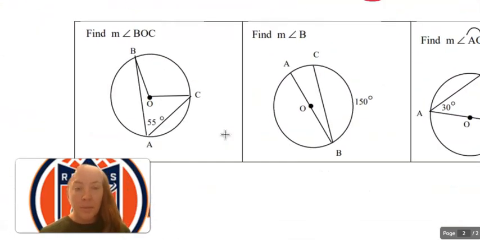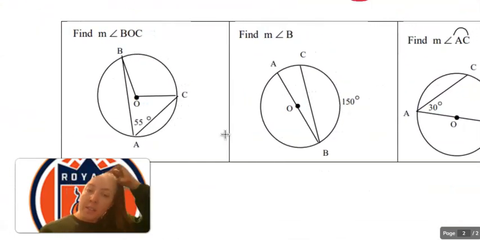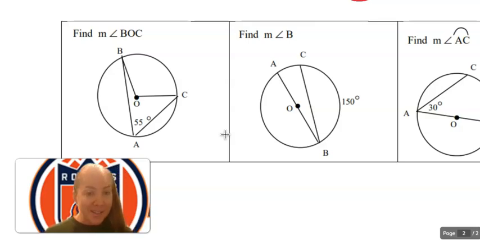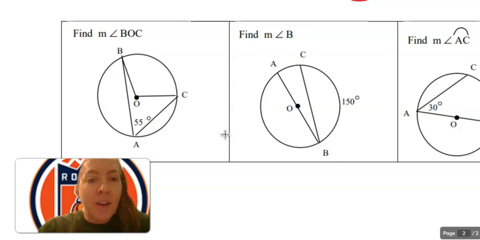Let's do a couple more if you want to get the idea. So this question is going to review last week's topic as well as this week. So it says find the measure of angle BOC. So B to O to C. I'm looking for this one, which is actually a central angle from last week. So let's just start off with what we know. I know this angle is 55, and since it's on the circle, that's an inscribed angle.